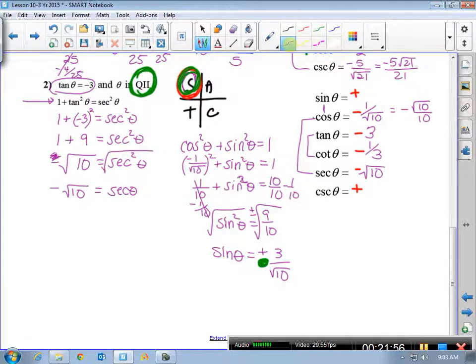We filled them in early, but it's always good to check, check, check. 3 over the square root of 10 is 3 square root of 10 over 10. And when you flip it, using the original is easier. Square root of 10 over 3. And of course, that's positive as well. So that's it for those. We're almost done with the lesson.